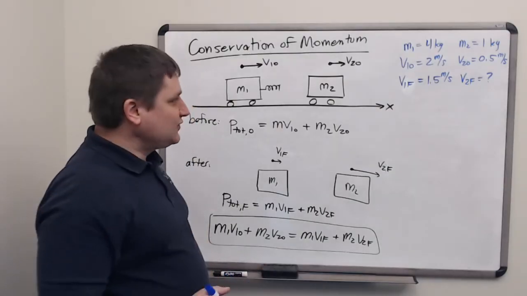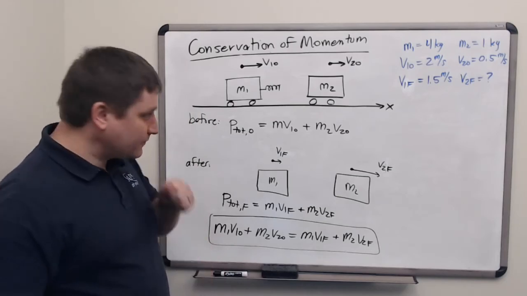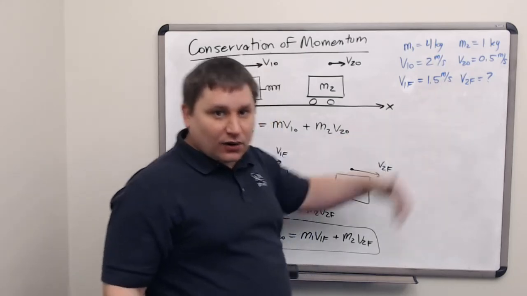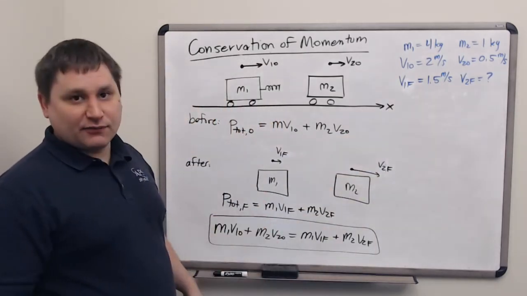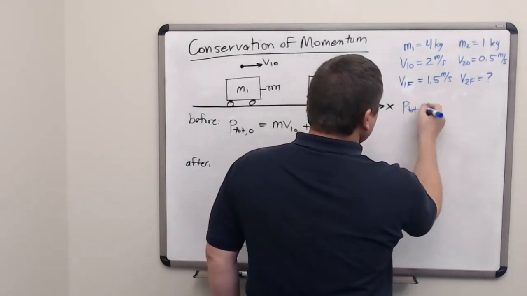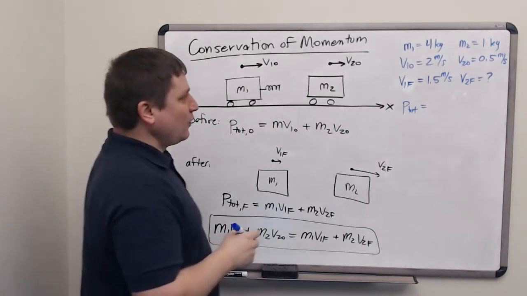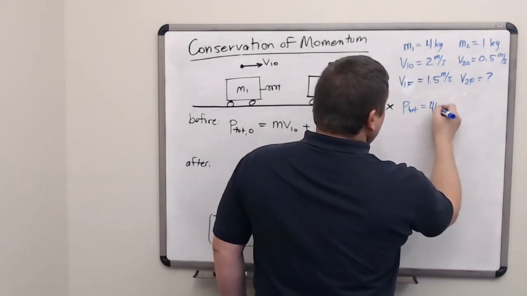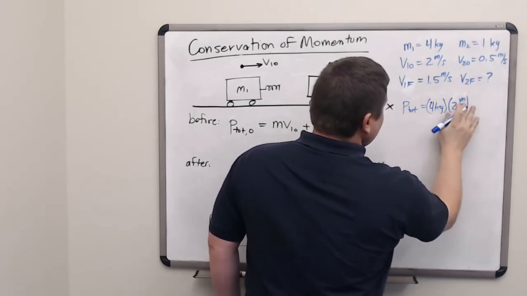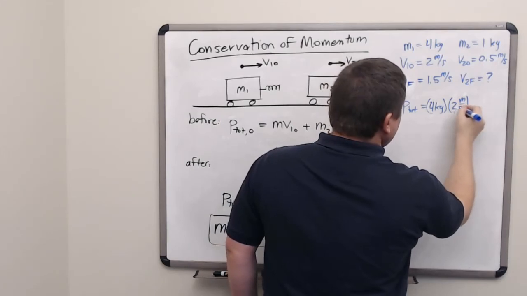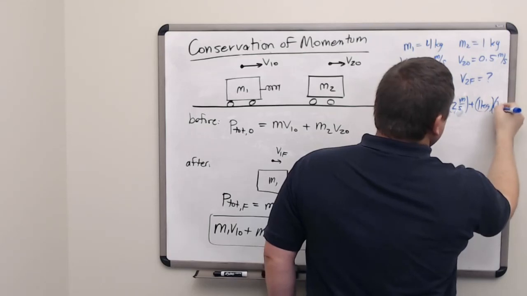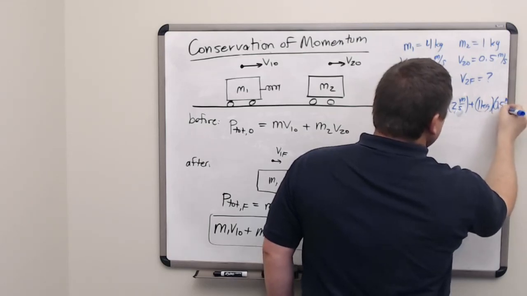So our technique here is to apply the conservation of momentum equation, see if it allows us to solve for the value of V2f, or if we need to put in some more information. First, I'll calculate the total momentum before. 4 kilograms for M1, 2 meters per second for M1, 1 kilogram for M2, 0.5 meters per second for M2.